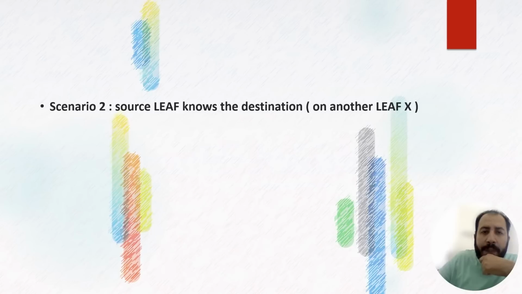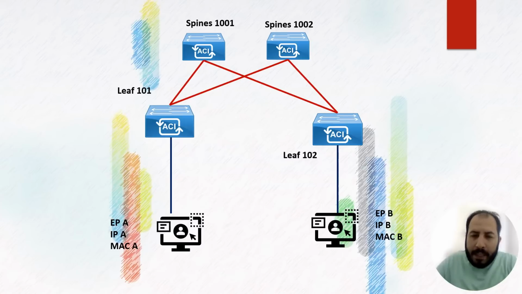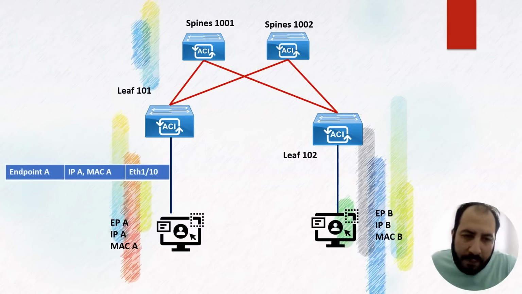The second scenario would be if the destination is connected to a remote leaf. However, I know exactly where the location of this remote leaf is. What happens is you send the traffic.